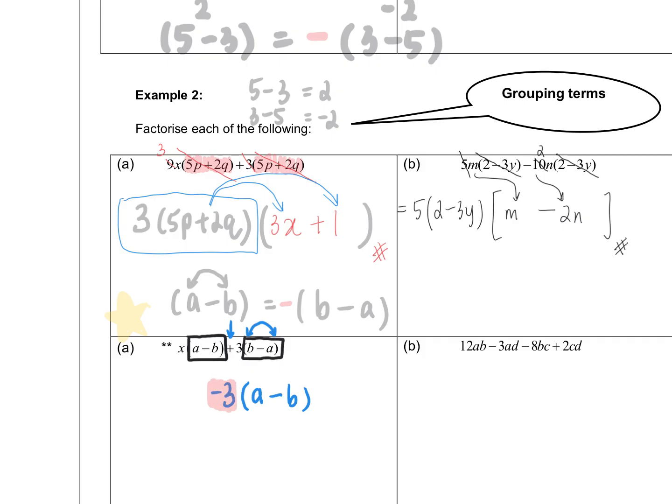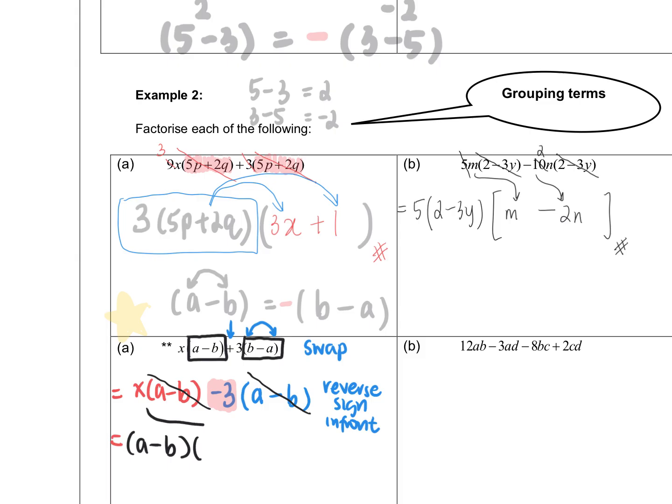So this is the important step. When you swap, you need to reverse the sign in front of it. And then when it's this, now you can take out the common thing. Because now you know that A minus B is common. You can take it out. And then you'll be left with X minus 3. If they are slightly different, you cannot take out. You need to make sure they are exactly the same.